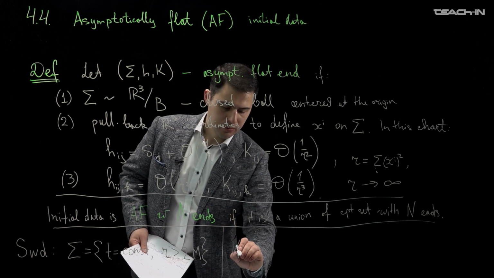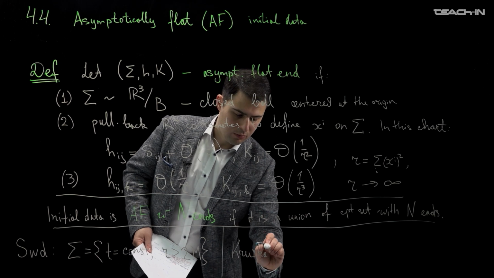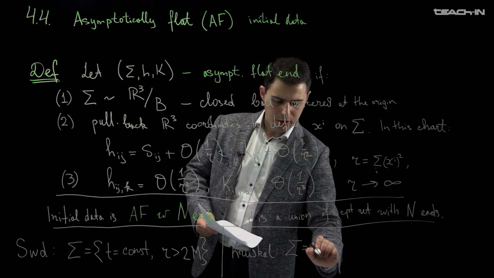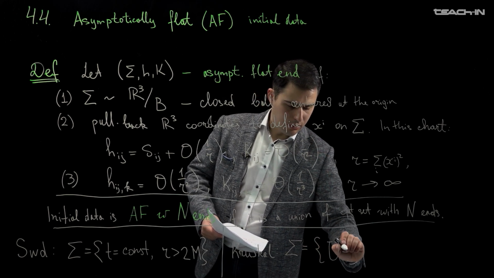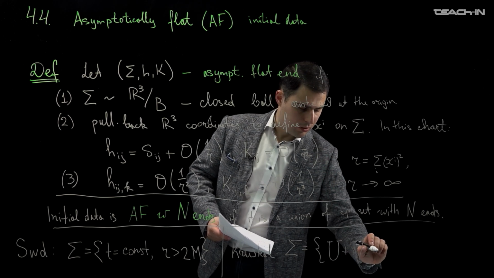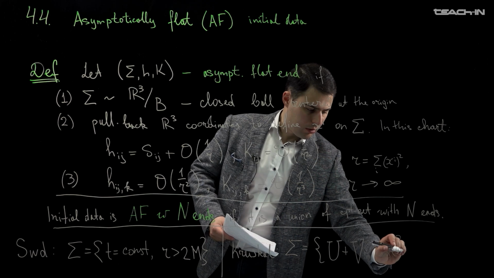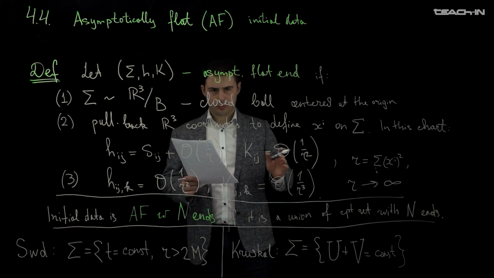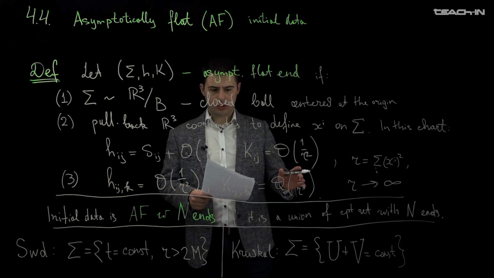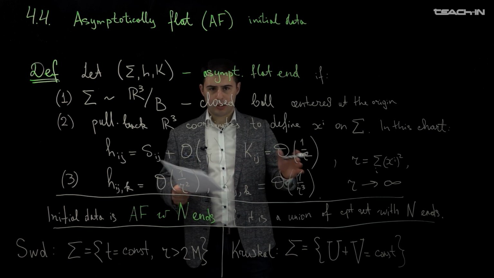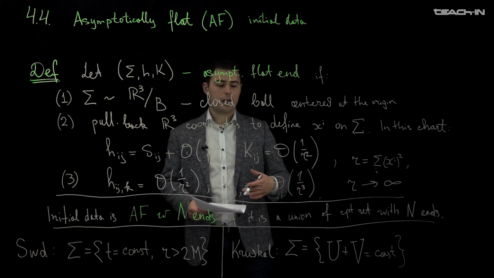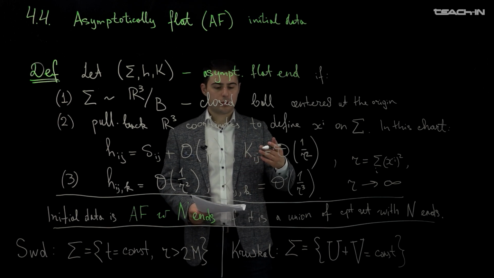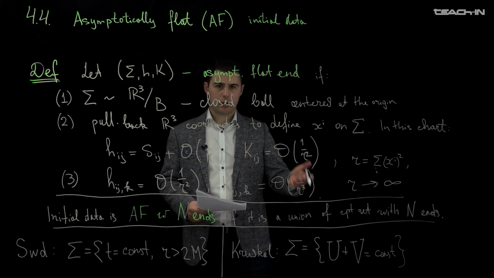For the Kruskal, the initial data is given on u plus v equals constant, which, as we remember from the Kruskal diagram, covers two disconnected regions which are asymptotically flat. This was also seen from the Einstein-Rosen bridge. So the Kruskal initial data is asymptotically flat with two ends.